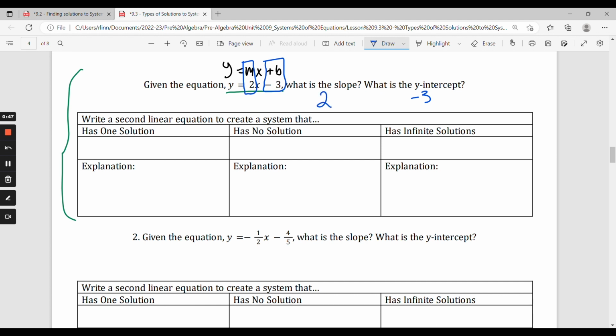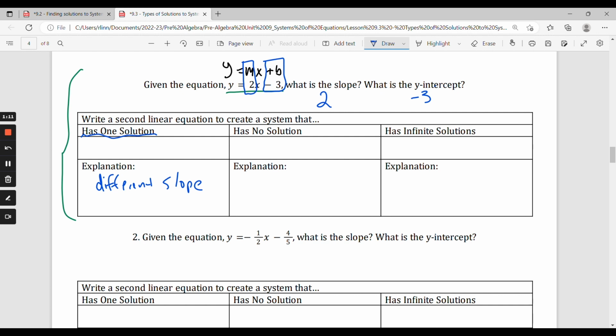So in order to fill out our table, we have to create a few different systems of equations. Our system of equations, we need to create one first that has one solution. So I know that one solution is going to have a different slope for each equation.